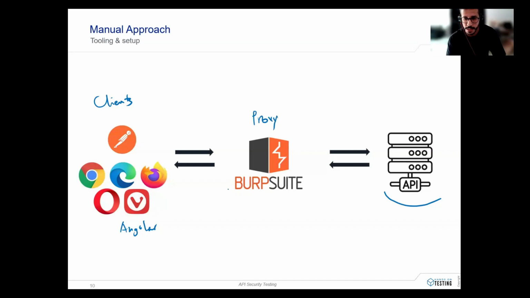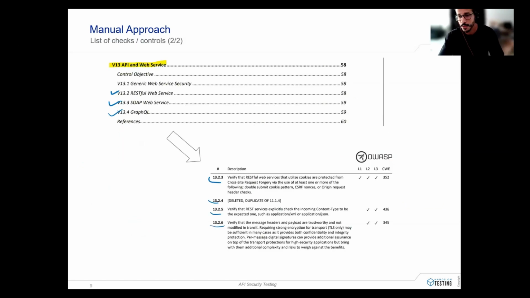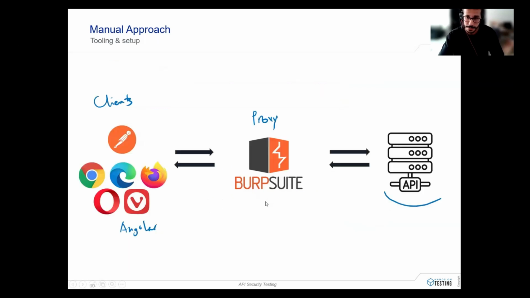So this proxy is an attacking proxy that will allow me to examine the traffic between the clients that consume the API and the API itself. So this way I can observe the traffic, I can analyze the HTTP request and response, and from there try to identify and test all the requirement and the verification that I have in this document.